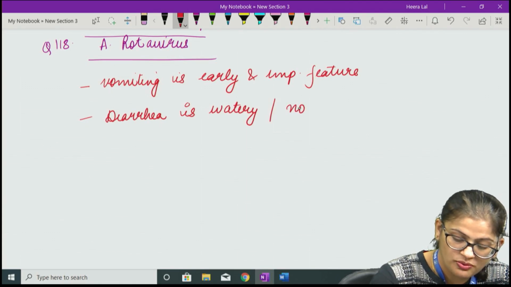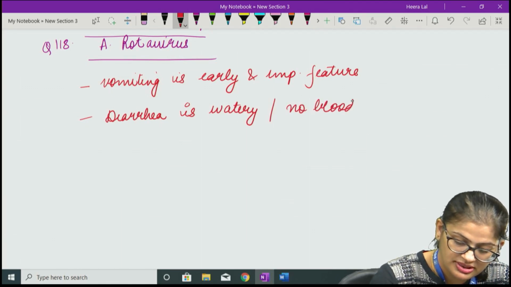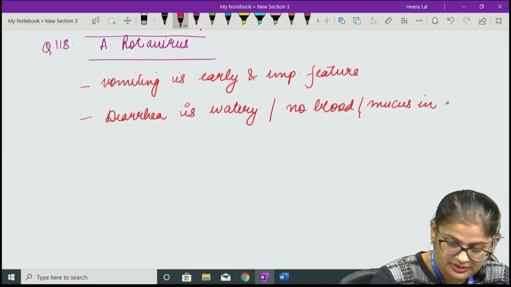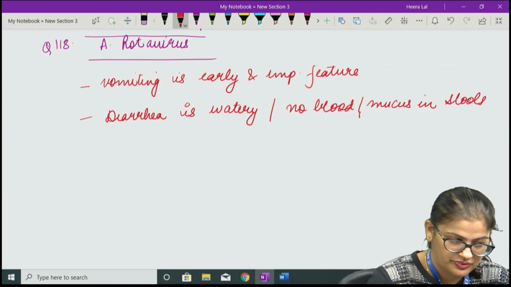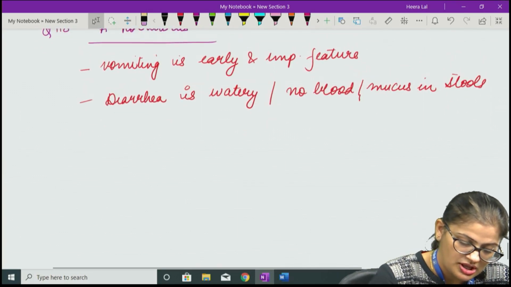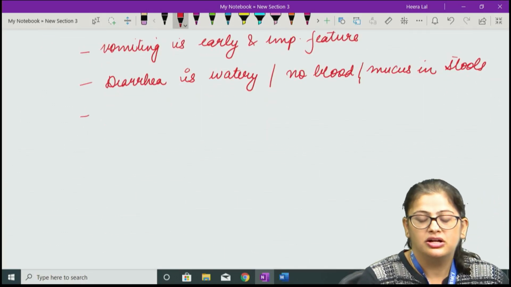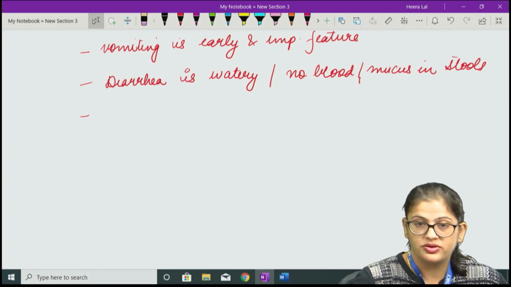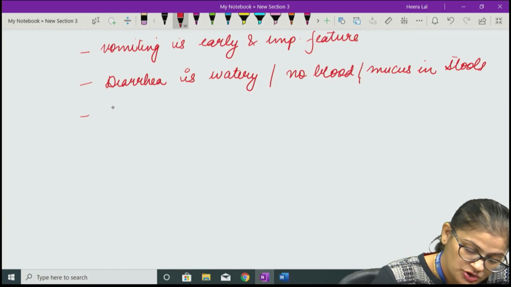And there is no blood or mucus in the stools. And because of the morbidity that rotavirus diarrhea causes, now rotavirus vaccine has also been included in the national schedule.